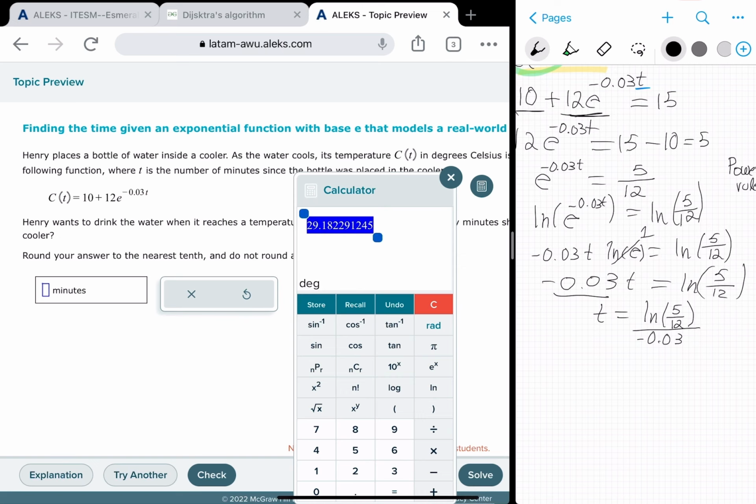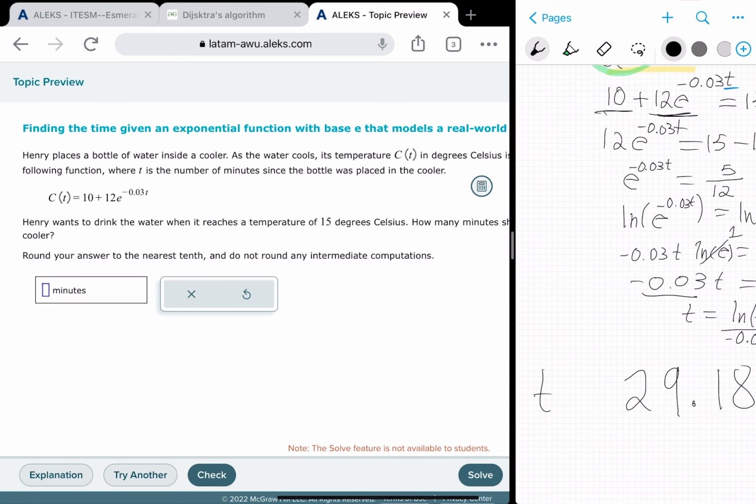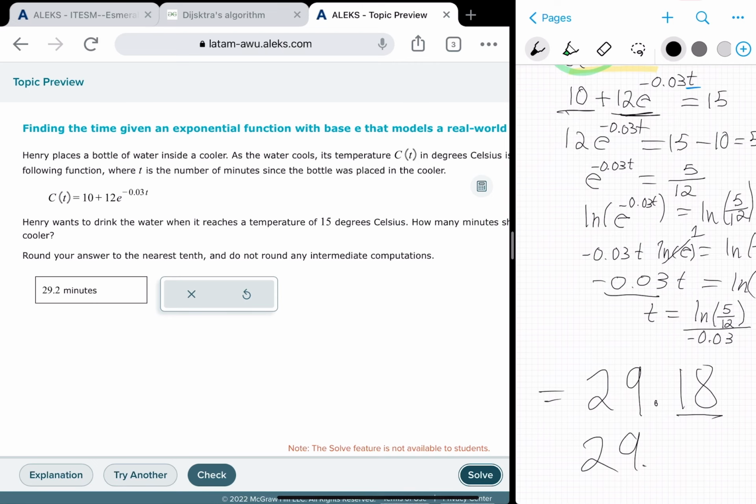Solve it, and this is 29.18. That is the number that I want. That is the time in which the temperature reaches 15 degrees Celsius. We have to round it, remember. We round it to 29.2. So that's the answer for this exercise. After 29.2 minutes, Henry can drink his water at 15 degrees Celsius.